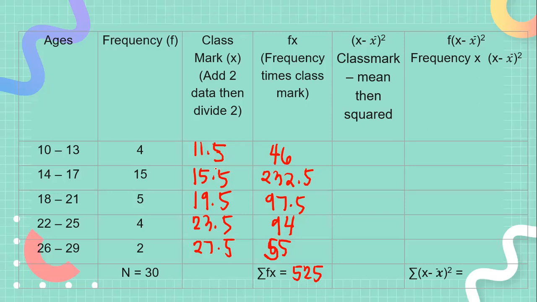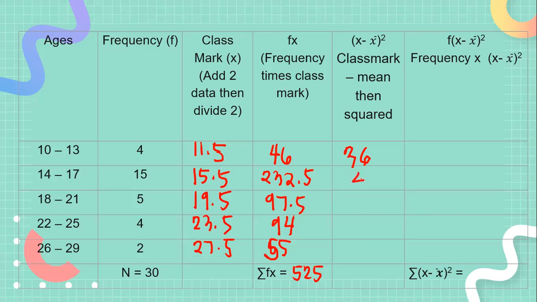Wait, where's my calculator? Okay, here. So 11.5 minus 17.5. It's negative 6, class. So we square it. What is the square of negative 6? Very good. It's 36.